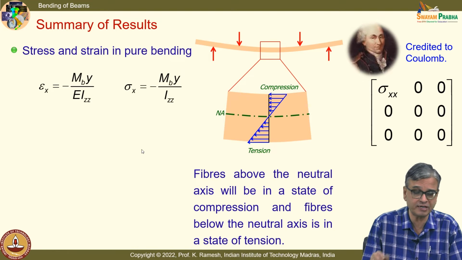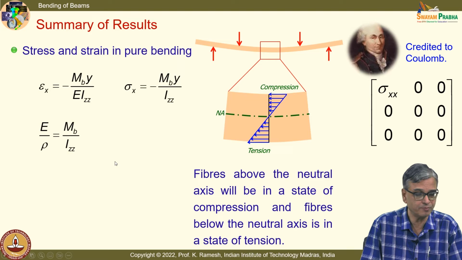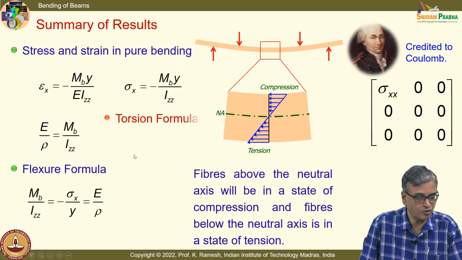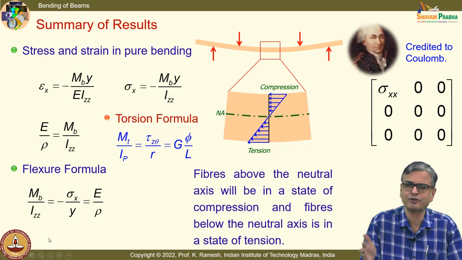Your hemoglobin gets developed in the soft aspects of the bone, and we have the relation E by rho equal to Mb by Izz, which finally when you look at all the other expressions, you have the famous flexure formula Mb by Izz equal to minus sigma x by y equal to E by rho, because later on we also dropped this zz just to speed up your writing.